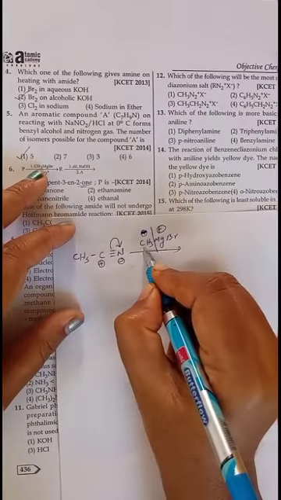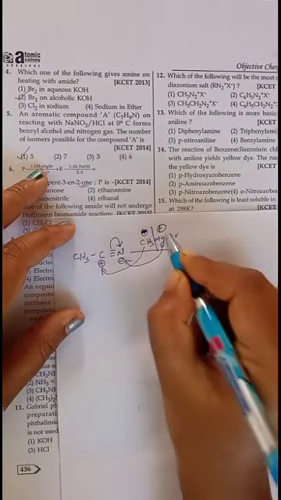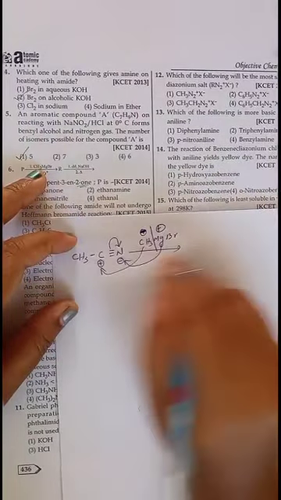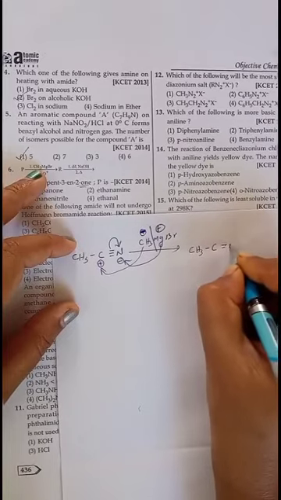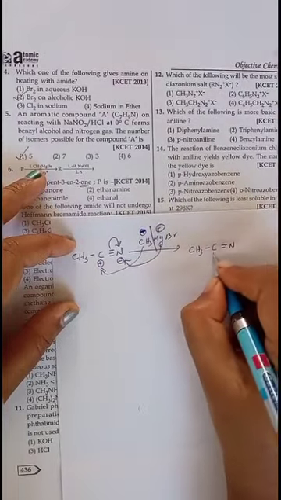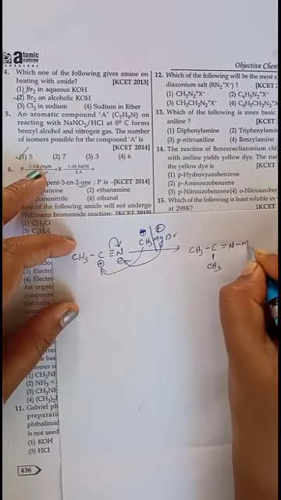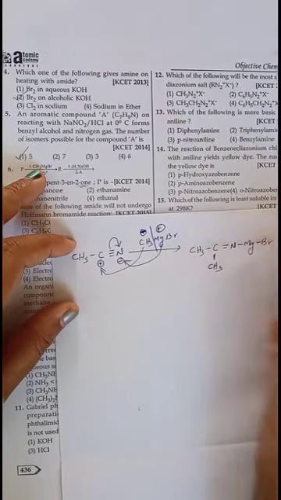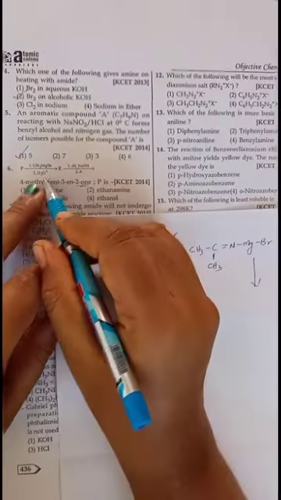Now this CH3 minus is added to C plus, and MgBr plus is added to N. So first write down that addition product, CH3 C double bond N, the triple bond is converted to double bond, to the carbon the methyl group is added, to nitrogen MgBr is added, and we got this addition product. In the same step they have mentioned hydrolysis.